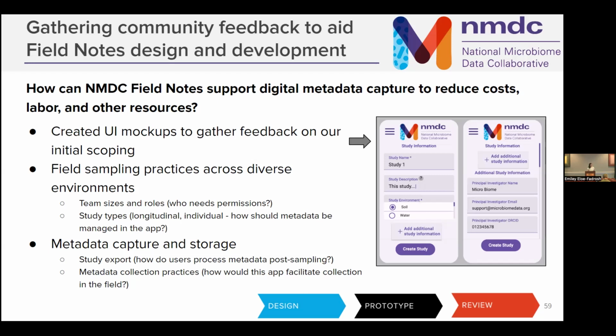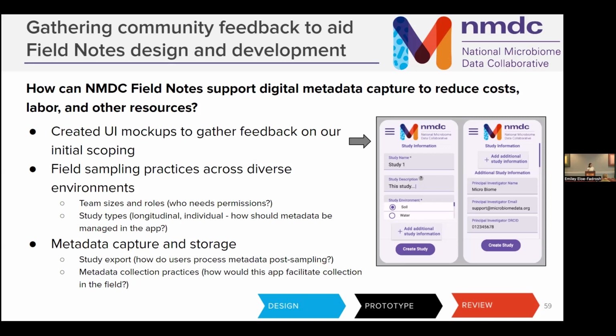We also wanted to collect some information about current field sampling practices across diverse environments. So we wanted to know things like, what are your typical team sizes and roles? Who might need to access these studies? What are the study types? Are they longitudinal, like, will you need to manage them over a long period of time?